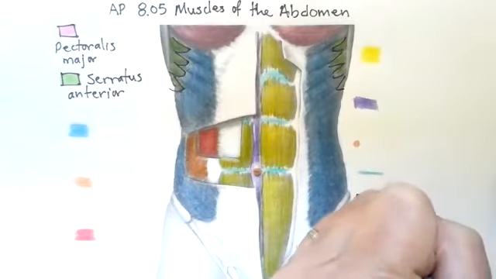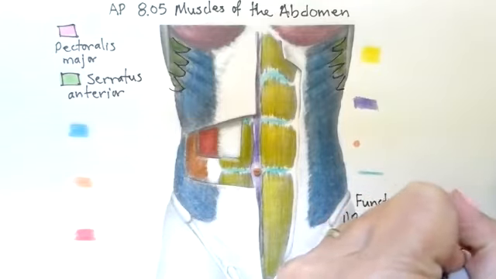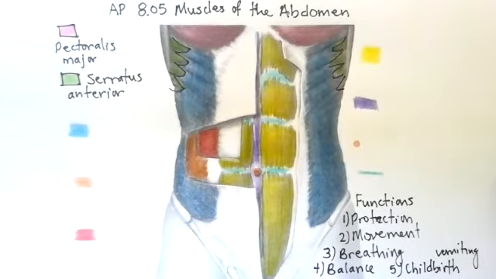Childbirth is women only. Vomiting would be anybody. So we need our abdominal muscles to accomplish those two things. But overall, we're not talking about each muscle doing a specific thing. We're just talking about the general functions.